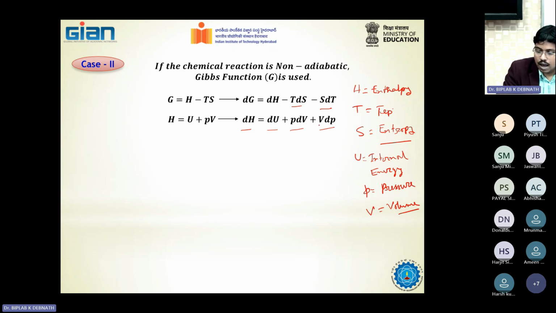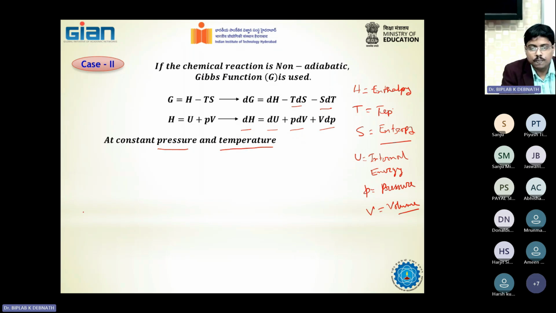Now in this particular case, if we consider the chemical reaction to be occurring at constant pressure and constant temperature, then dT is equal to dP is equal to 0.